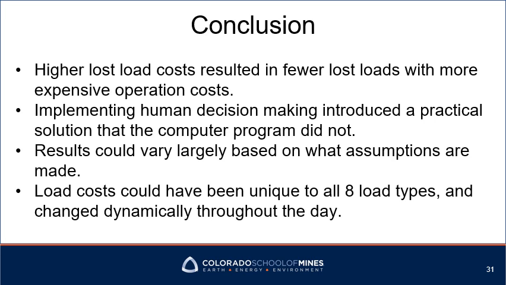As well, we could have changed those weights dynamically throughout the day to reflect, for example, that residential loads necessarily need power in the morning when people are waking up and getting ready to go to work, and then maybe the weight for residential loads could be slightly less in the middle of the day when people are more likely to be at work.